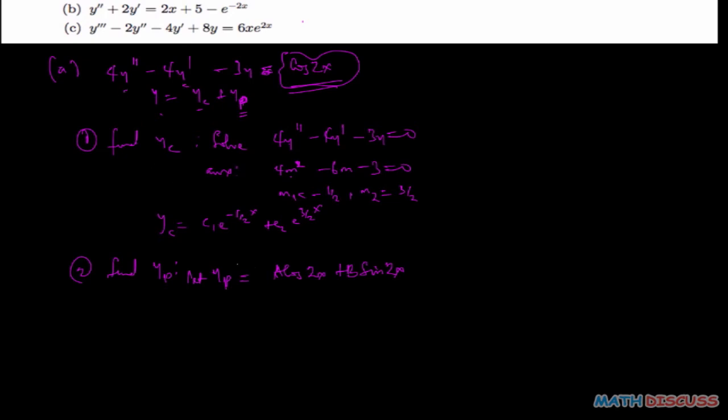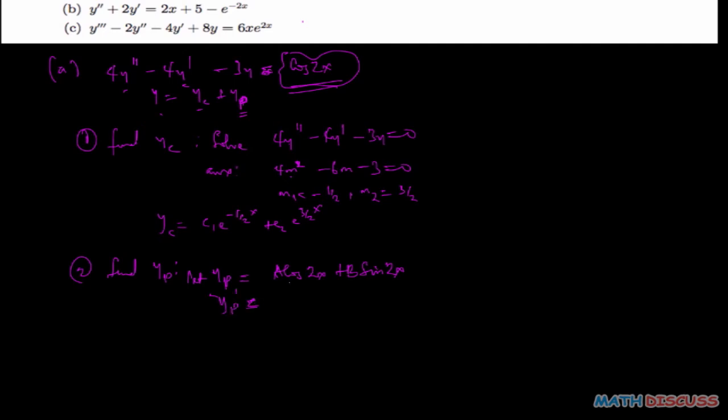So I have my yp, and I need to find yp prime and yp prime prime, because we are assuming this is a particular solution. For it to be a particular solution, it must satisfy the differential equation, so I have to test that. So I'm going to find yp prime.